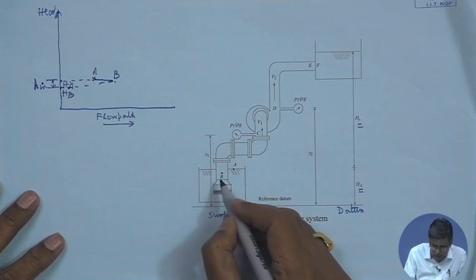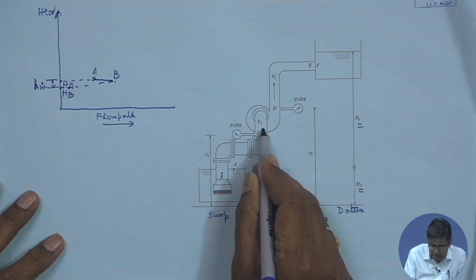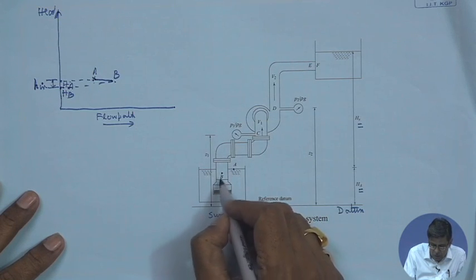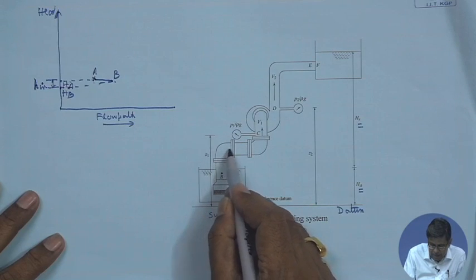Now, as the fluid flows from B to the point C, there is no other energy interaction with the outside, but there is again head loss.